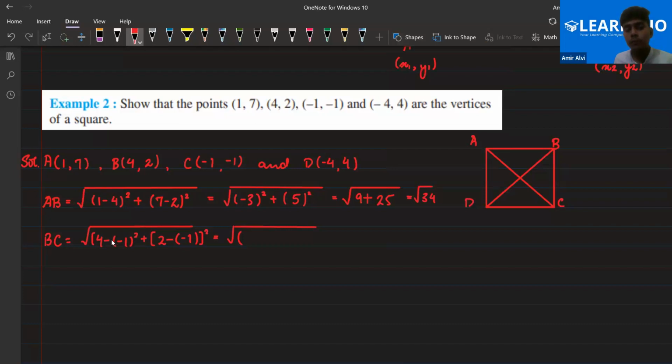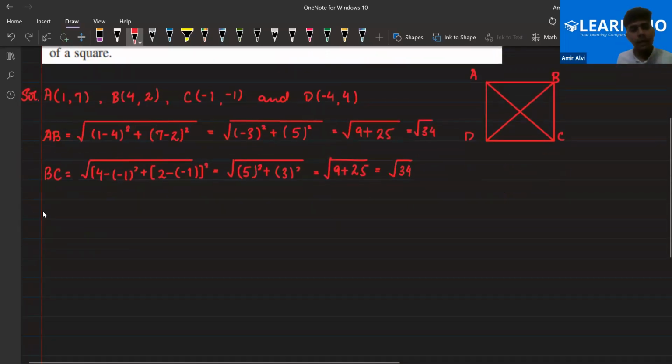Minus of minus 1 is positive 1, so 4 plus 1 would be 5. Yes or no, Gianna? Yes, sir. 2 plus 1 is 3 square. So as you can see, the value is coming out to be 5 square and 3 square, the same as the previous one, that is 9 plus 25, which is equal to root 34. Right.